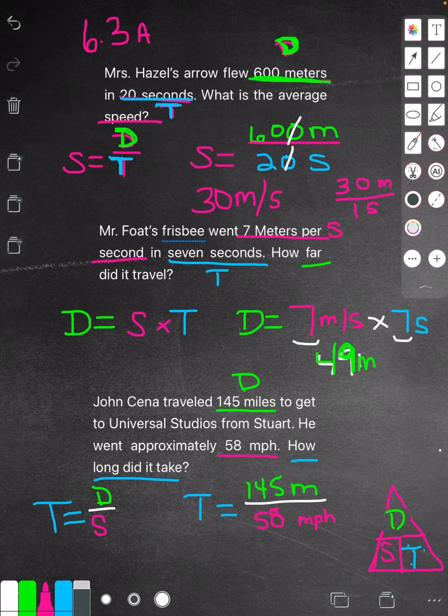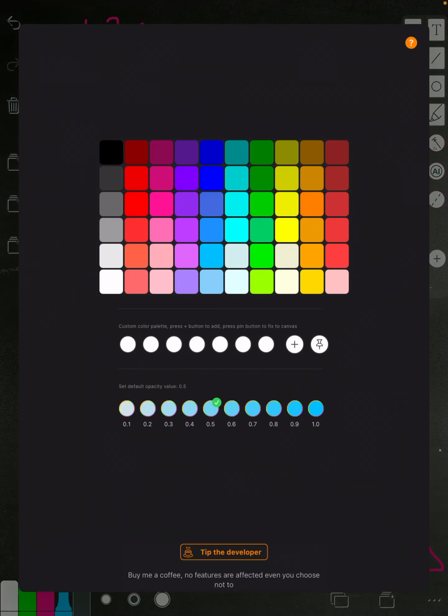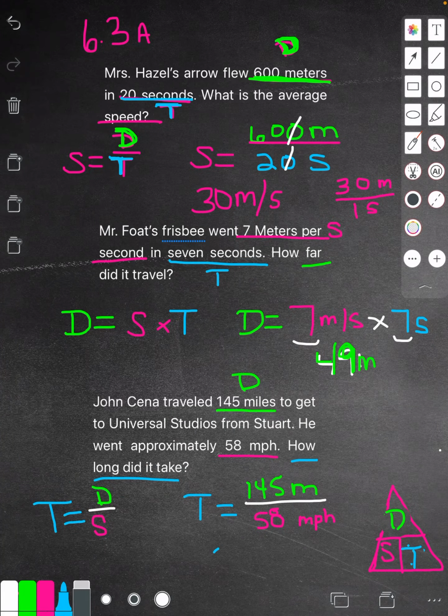All right, so we actually get to divide here. 145 divided by 58. I'll go ahead and tell you what it is. It is going to be 2 hours and then a half an hour. So 2.5 hours at that speed, at 58 miles an hour, to travel 145 miles.